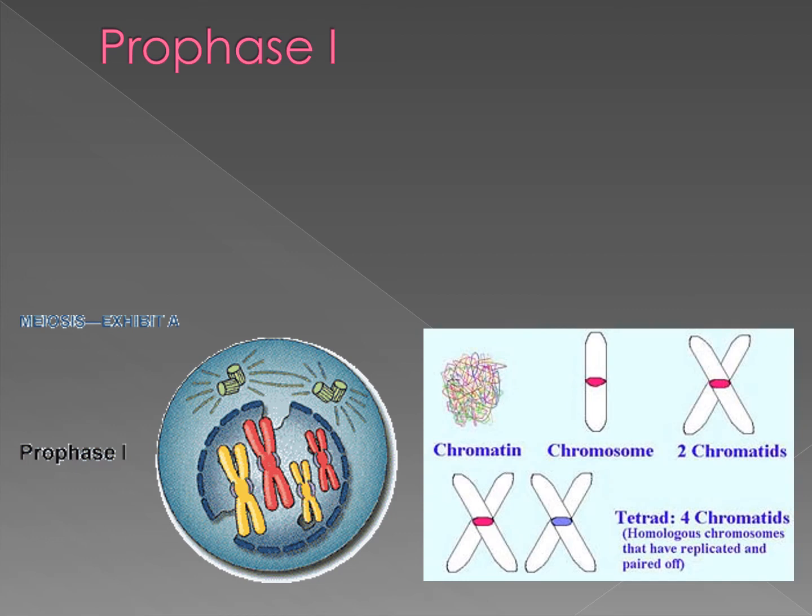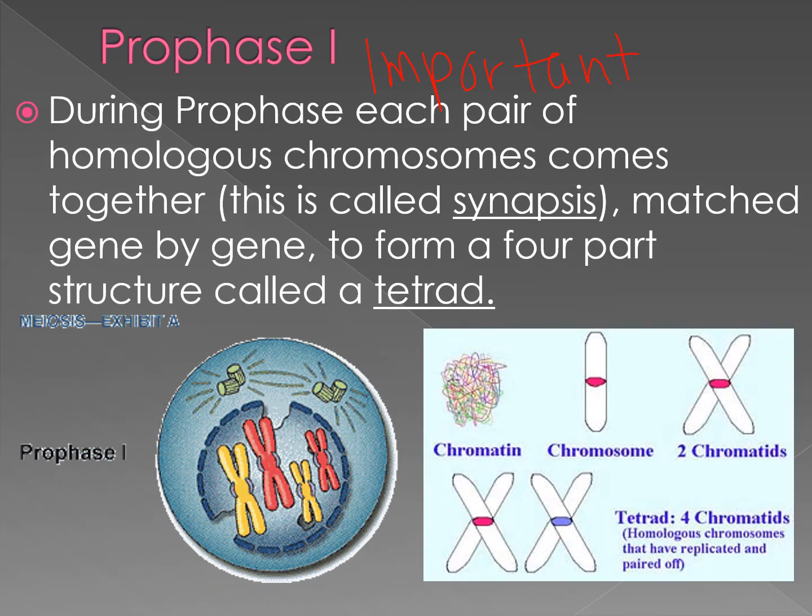Prophase 1. Why is this important? We have to know. During prophase 1, each pair of homologous chromosomes, the same pair of chromosomes, comes together. That is called synapsis.